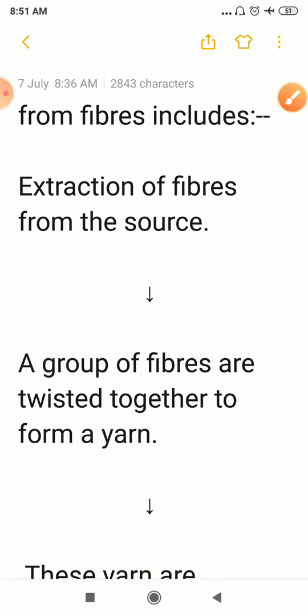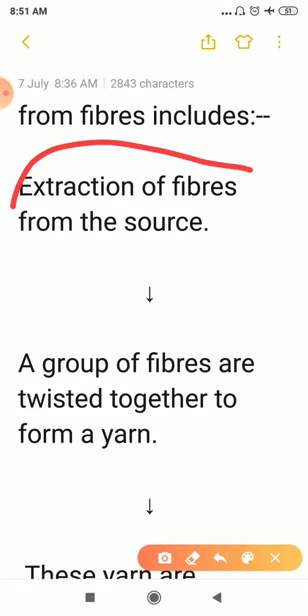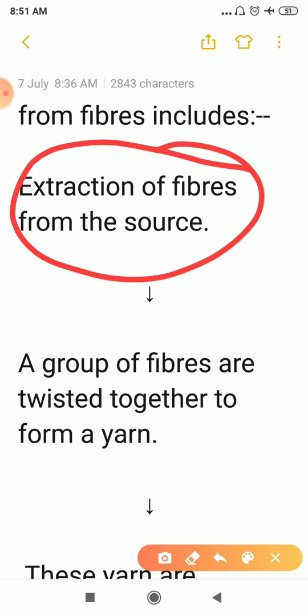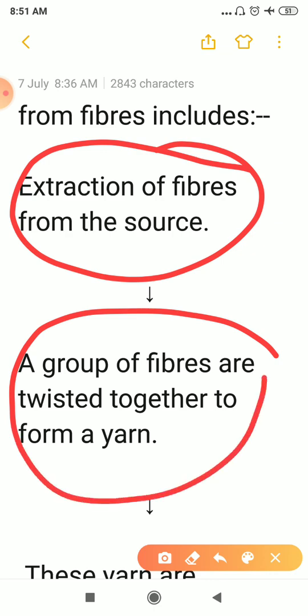First, in the processing of fiber into fabric, we need fiber that we obtain from a natural source or synthetic source. In the second step, these fibers are joined together, twisted together, and the yarn is formed.